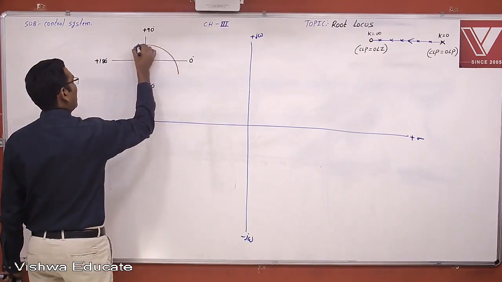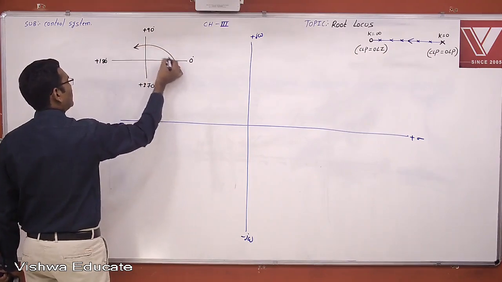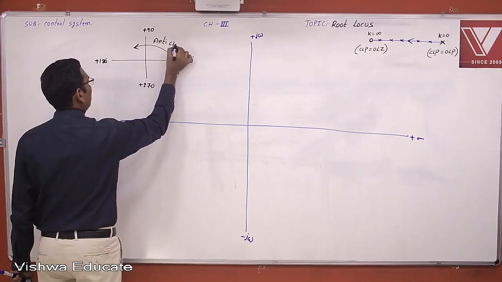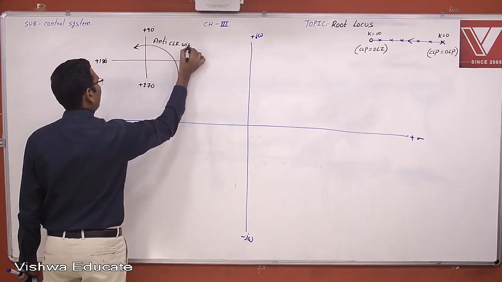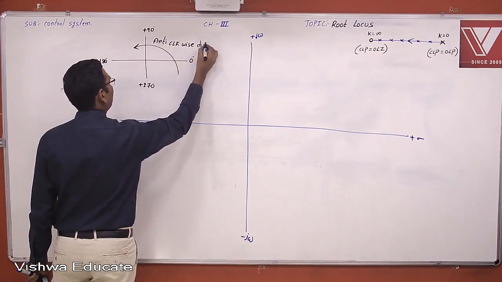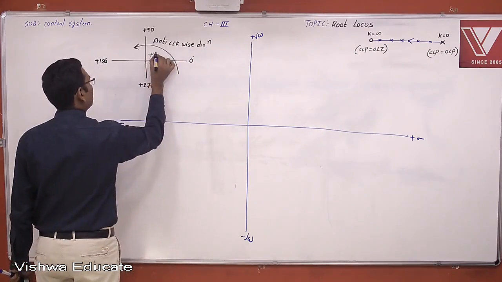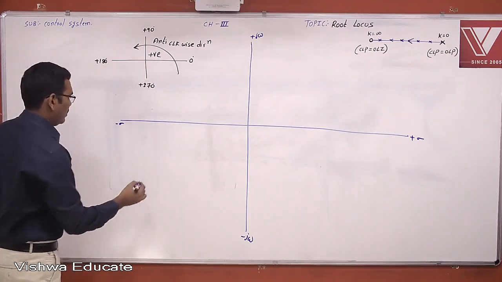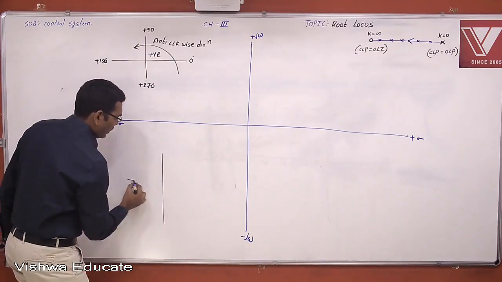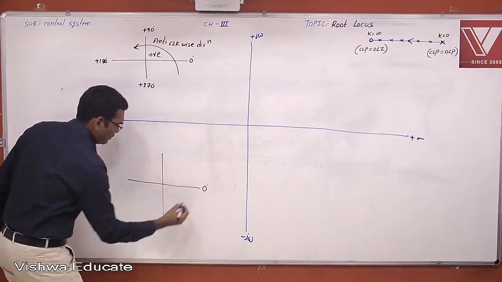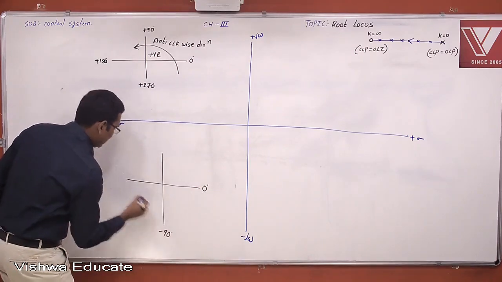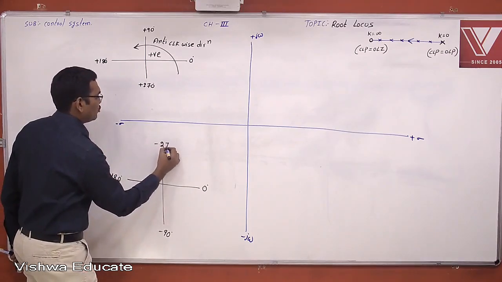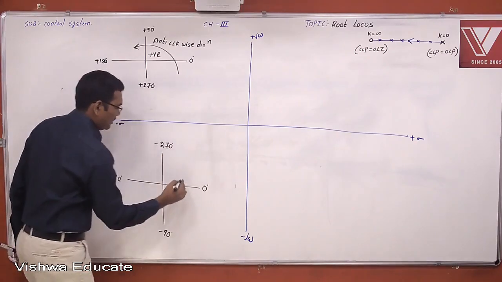Now in this anti-clockwise direction, the angles are positive: 0, plus 90, plus 180, plus 270 and so on. Now this is 0 degrees, minus 90 degrees, minus 180 degrees, minus 270 degrees, minus 360 degrees.